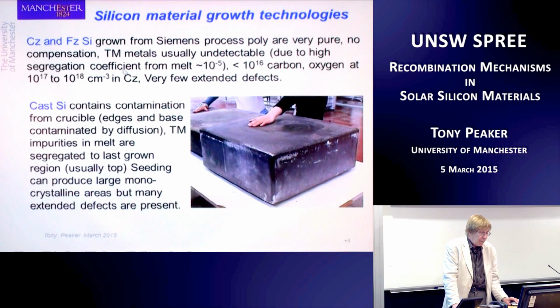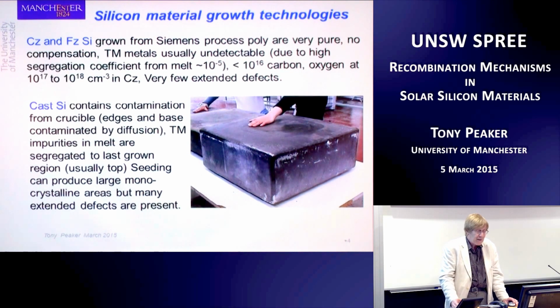So with float zone and Czochralski, you have this segregation coefficient that I've mentioned, which gets rid of most of the transition metals. And in electronic grade material, and indeed in solar grade Czochralski material, the transition metals are usually undetectable. And if they are there, it's due not to the growth, it's due to something in the cutting process, the cleaning process, or something like this.